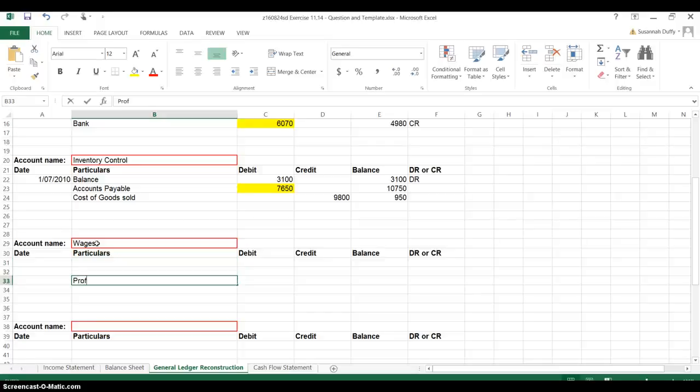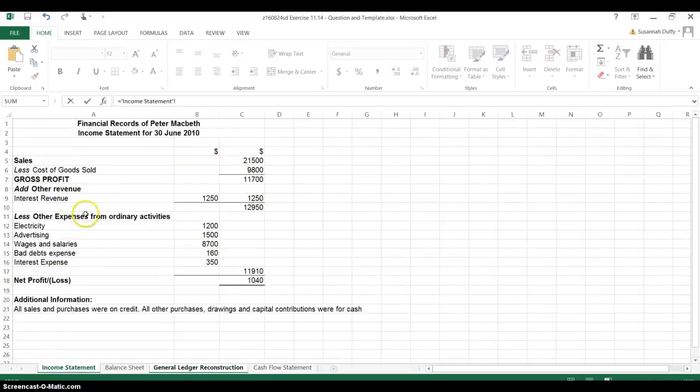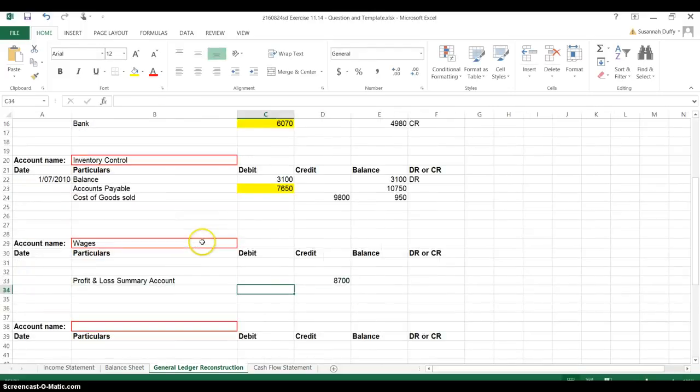So we know what we put into our profit and loss summary account or income statement to close off the account. That's the figure straight from the income statement for wages and salaries. So that's what we used to close off the account.